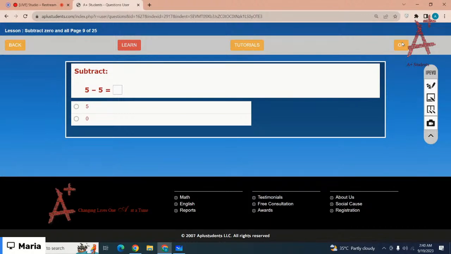5 take away 5 equals, the correct option is 0, right? Five take away five is 0.